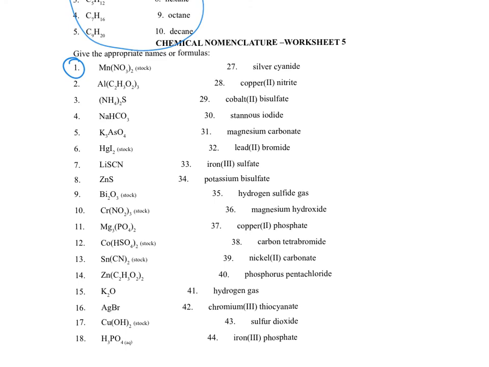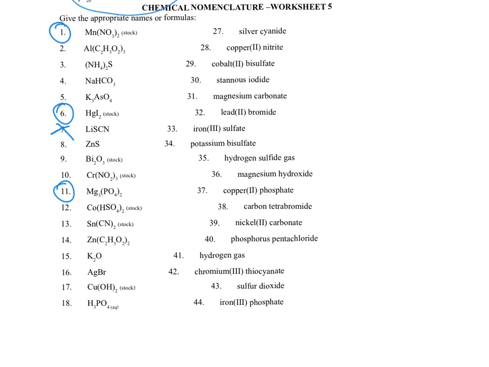I'm going to do number 1. I'm going to do number 6. You don't need to do number 7. I'm going to do number 11. I will also do number 17 and number 18, and then I'll do 44. You don't need to be worried about 41 or 42.